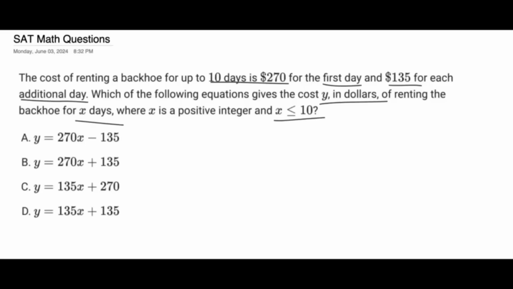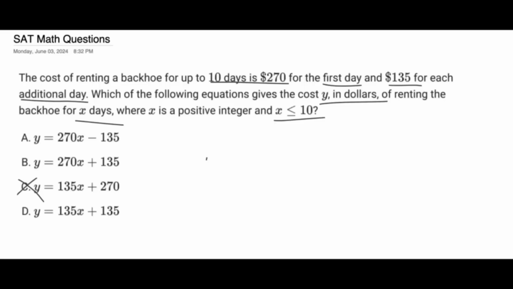All right, so let's look at our options here, and the first one I want to cross out is C, because C seems like the obvious answer, since you start off with $270 on the first day, and then it costs $135 for each additional day. So you might think that it's 135x as a slope, which it is, but there's something else you have to consider.